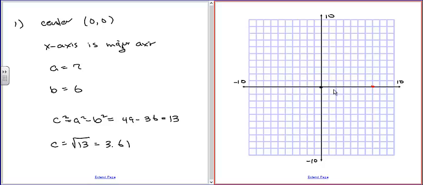So that's the location of the vertex. One of the vertices, 1, 2, 3, 4, 5, 6. So that's the major axis vertices. Then you go in the y direction, 6 units. 1, 2, 3, 4, 5, 6 positive, and 1, 2, 3, 4, 5, 6 negative.